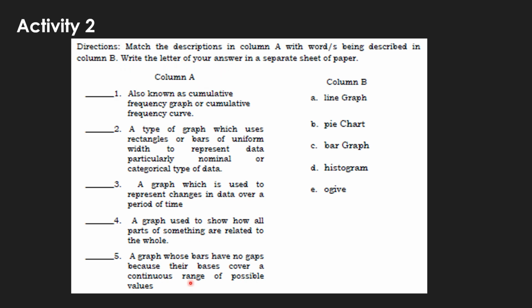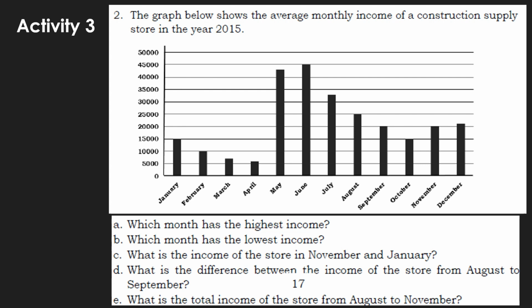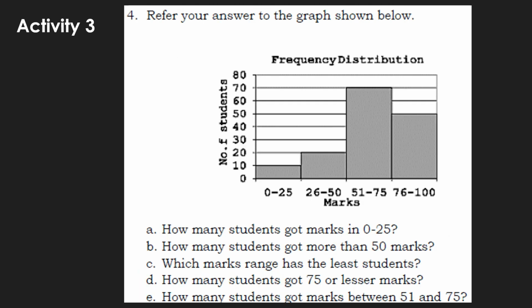Activity 3: answer the following questions based on the given graphical representation of each data. Number 1 is a pie chart, number 2 is a bar graph, number 3 is a line graph, and number 4 is a histogram.